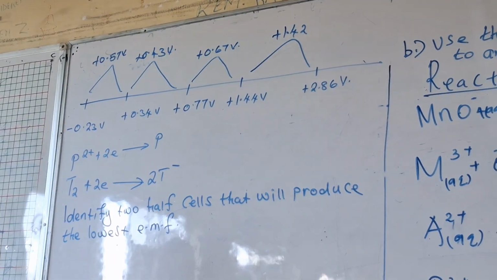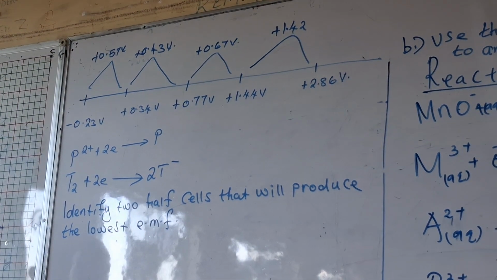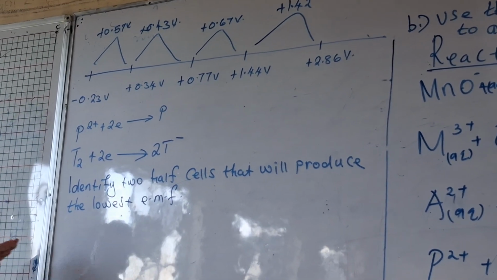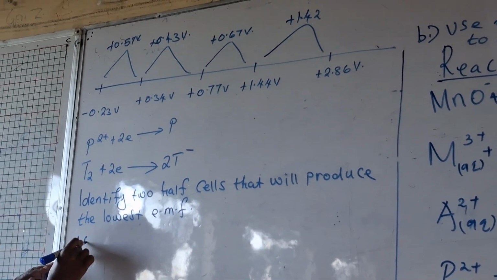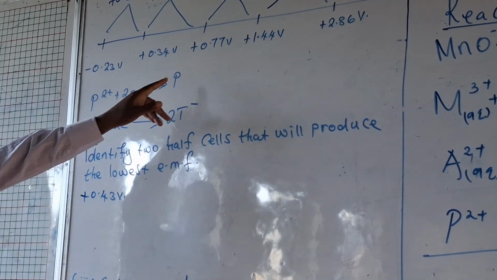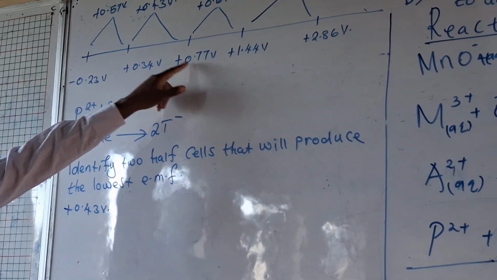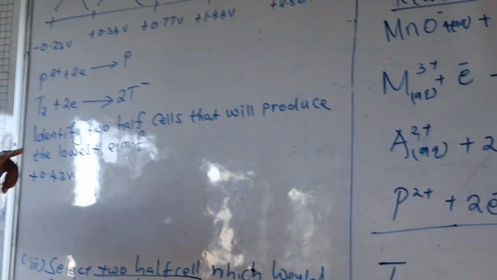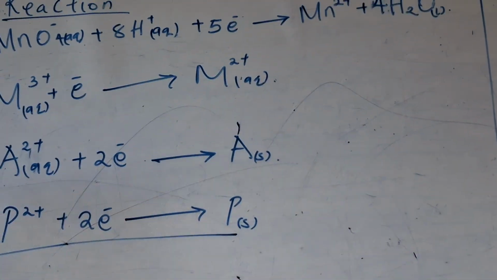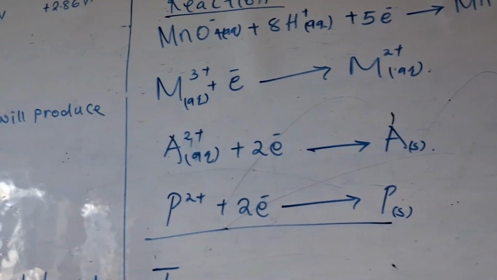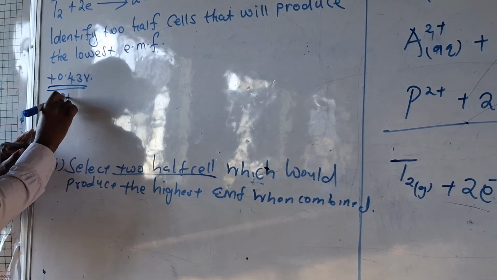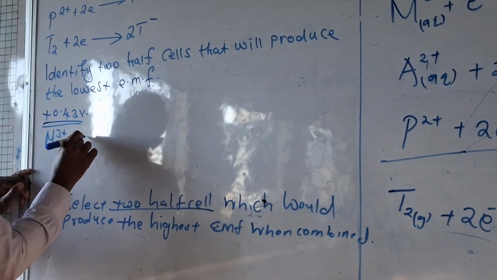Now, a very simple question. Which one has produced the lowest EMF? Which is the lowest EMF? 0.43. So we have positive 0.43 as the lowest EMF. That is between which cell and which cell? Yeah, 0.77 and 0.34. 0.77 is which one? M. So you write the whole equation for M. So you say M3 positive plus electron.